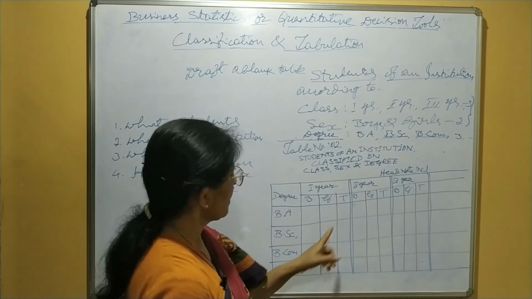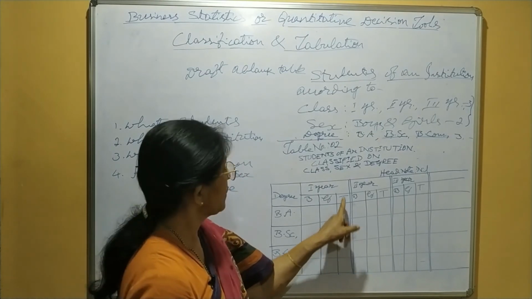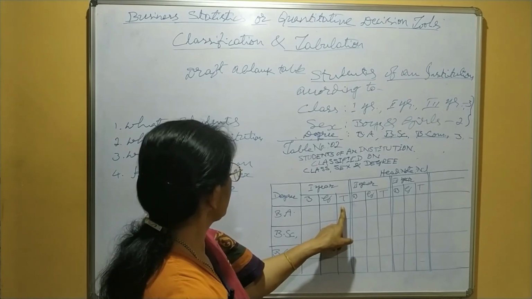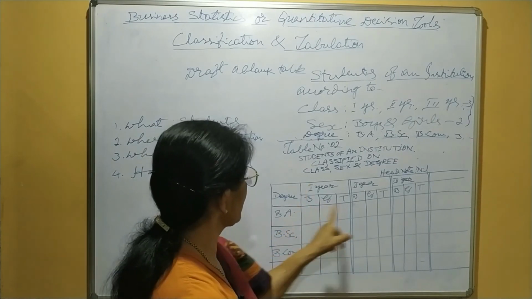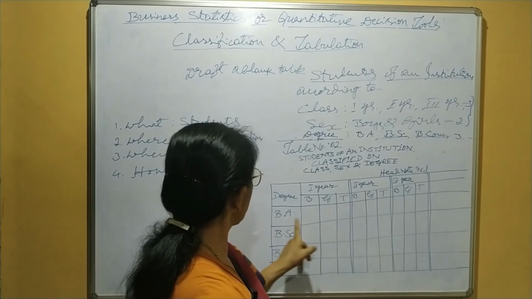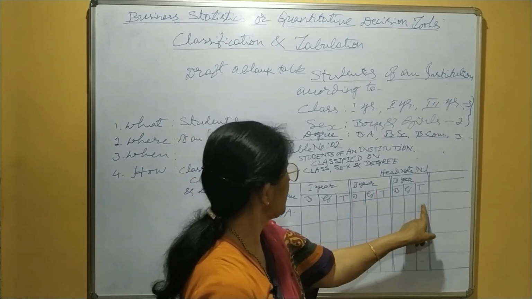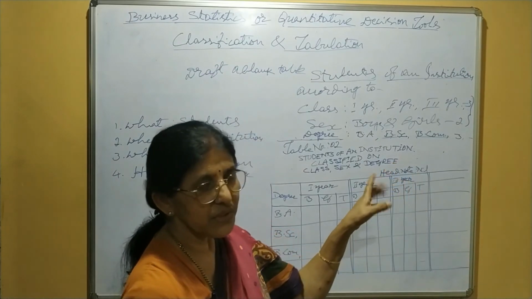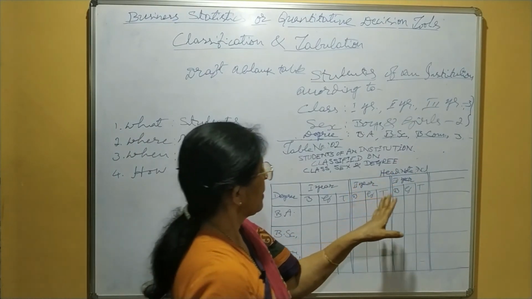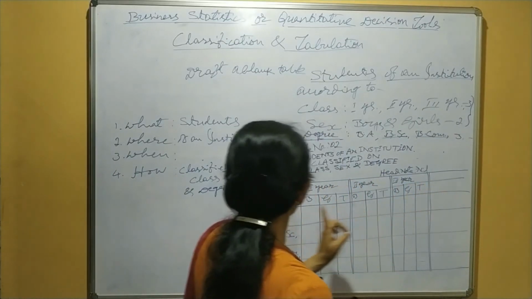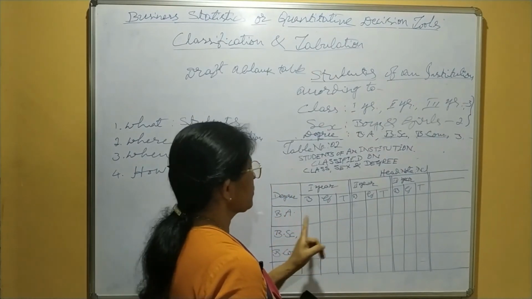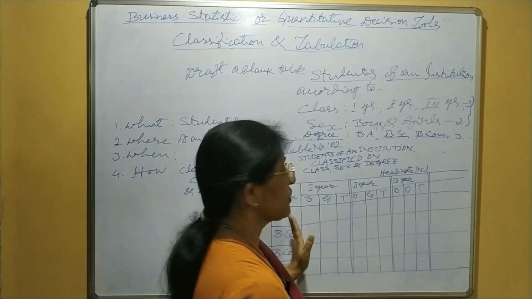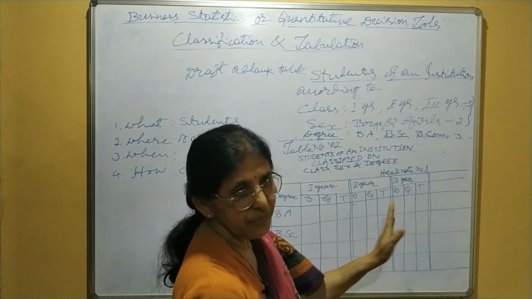Now, this gives total number of BA students in first year, in second year, and in third year. Now, if the question is, what is the total BA students in the institution, then here we don't get the information.